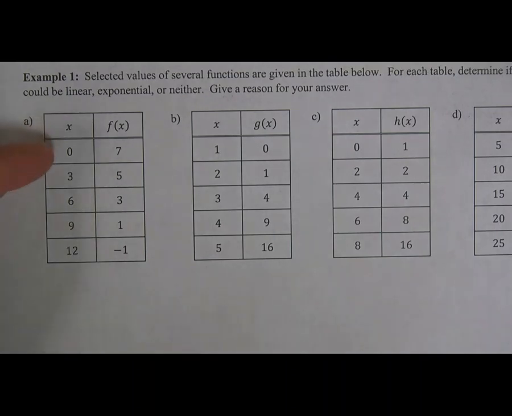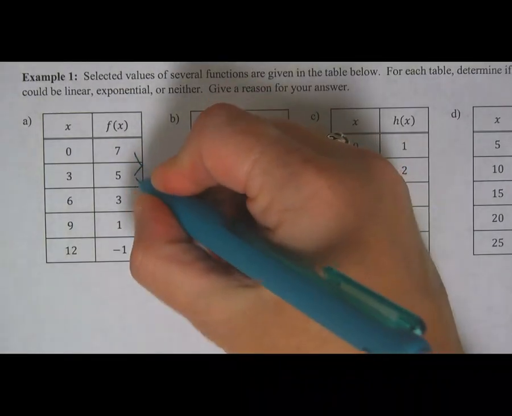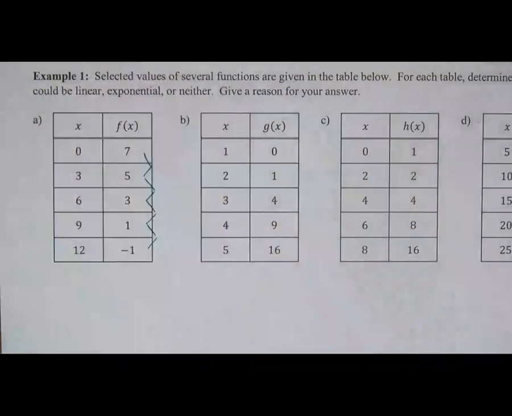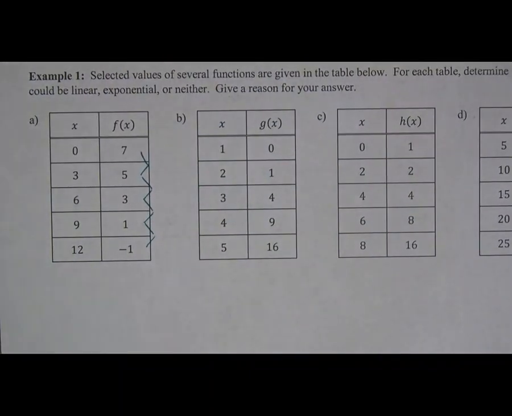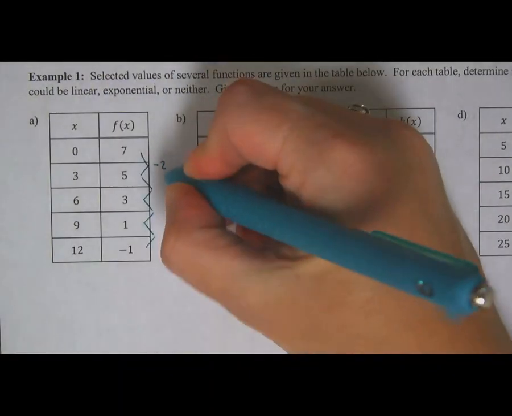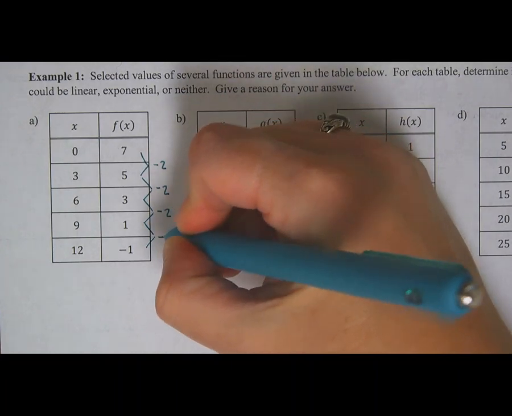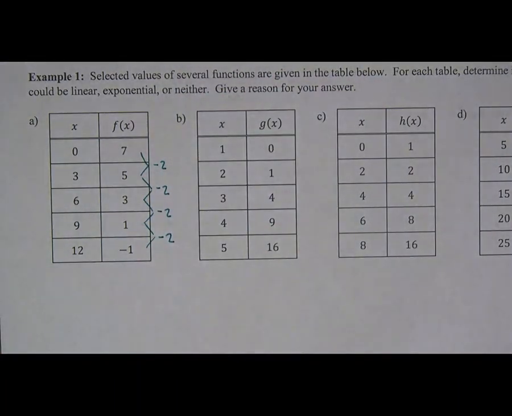On A, the x's are going up by 3 each time. Okay, so those are equal length input intervals, consecutive equal length input intervals. And then what pattern do you notice here? We're subtracting 2, subtracting 2, subtracting 2, subtracting 2. Is that a common difference or a common ratio? That's a common difference.